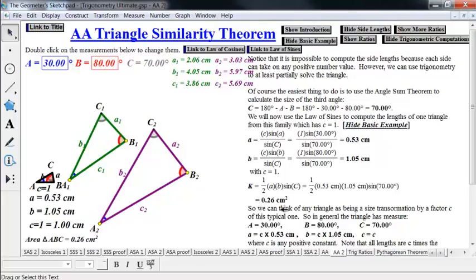Now any triangle is just a size transformation of this particular one by some factor, whatever C is over here. So C is just 1 times C, or C. The angles are the same, they don't change.